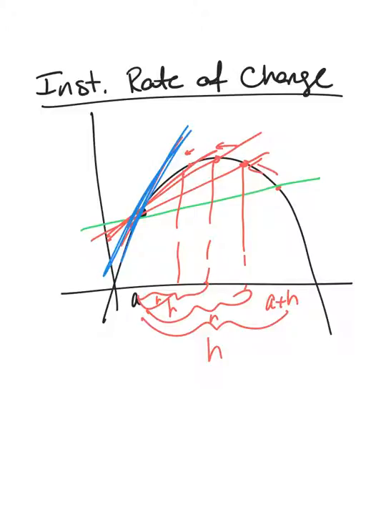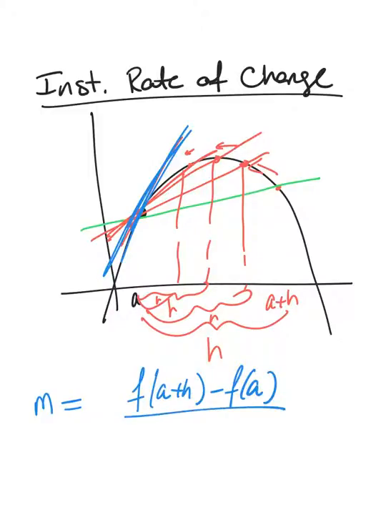So to find the instantaneous rate of change, it's still slope, but it's slope at a point, or slope of a tangent line. It's still our y2 minus y1, but in this case, it's f of a plus h minus f of a, all over our x2 minus x1.